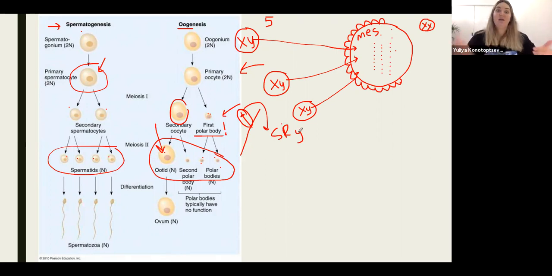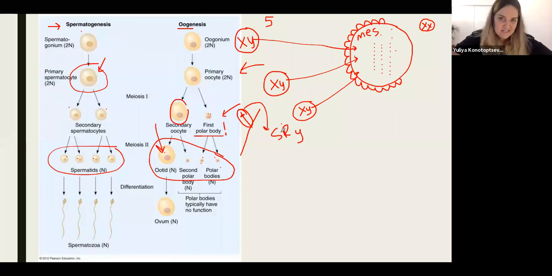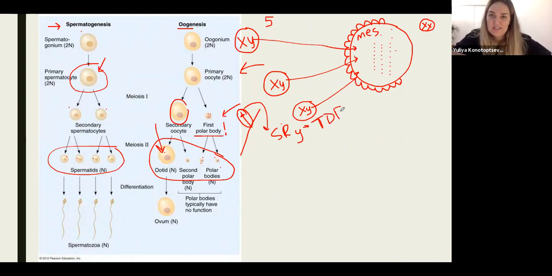So basically on the Y chromosome, you have the region which is responsible for the sex. This sex determining region of the Y chromosome is coding for a testis determining factor, or TDF. TDF is needed for the sex cords to stay. You need TDF to stay as the sex cords.